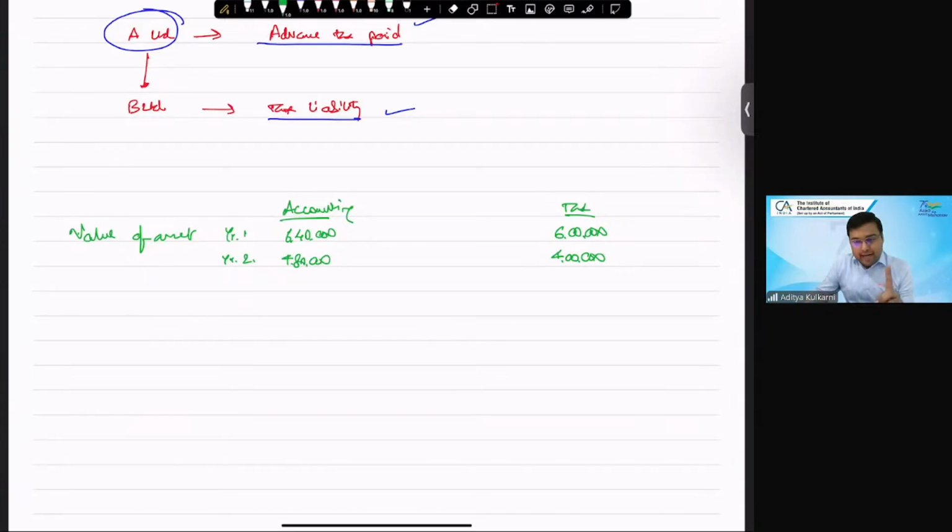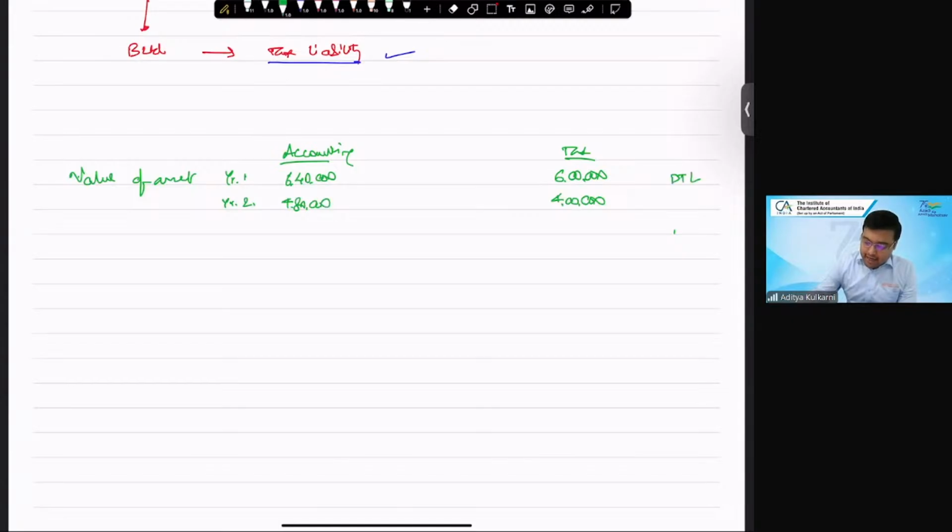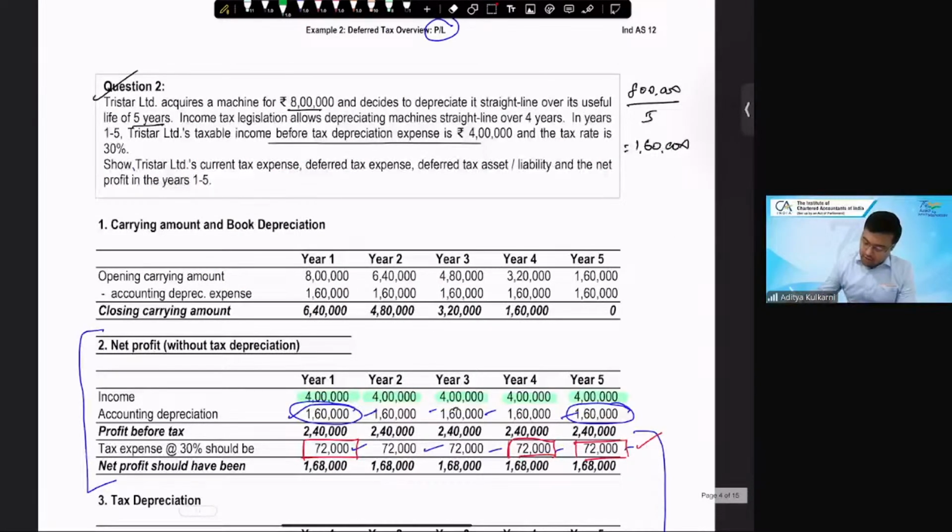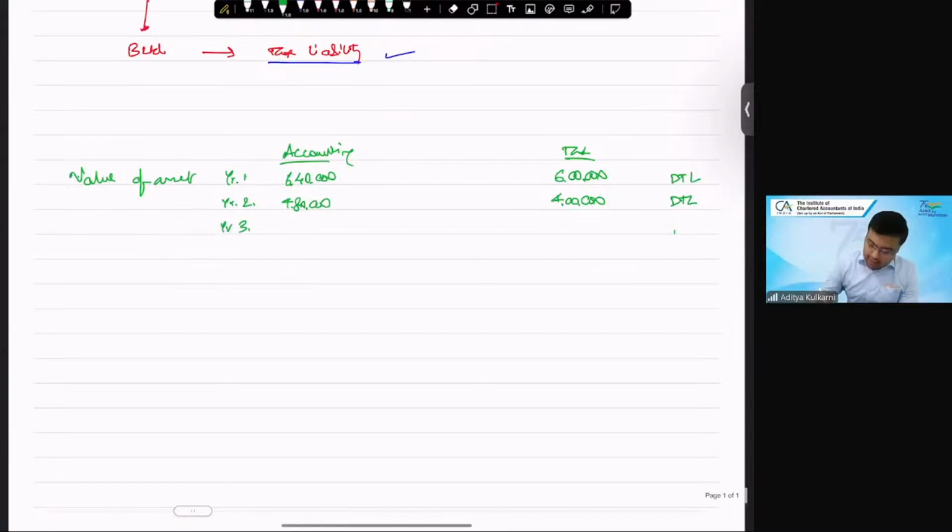And therefore, DTL, because in the future your tax profits are increasing because of this. Are you able to follow? Year 3, 3,20,000 and 2 lakhs.